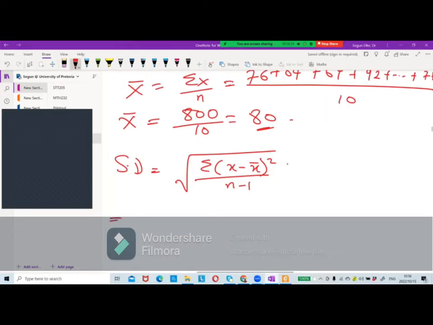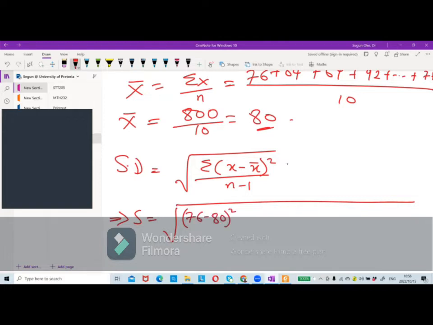S will be square root of each of the X minus 80: 76 minus 80 squared plus 84 minus 80 squared plus 69 minus 80 plus, you do that, 77 minus 80.